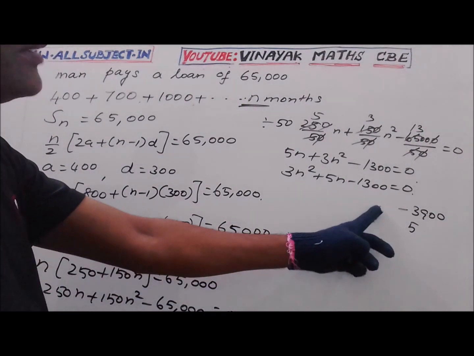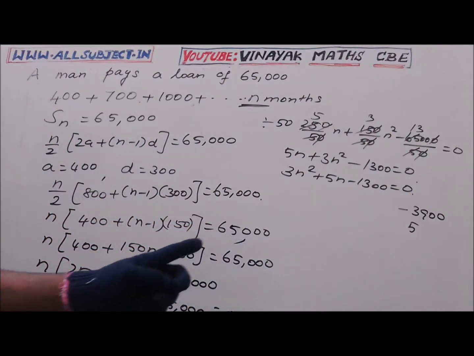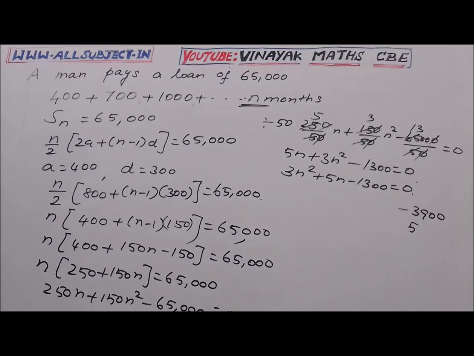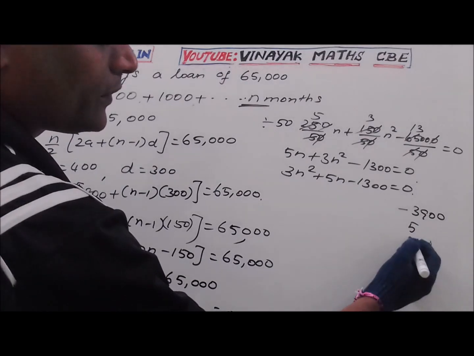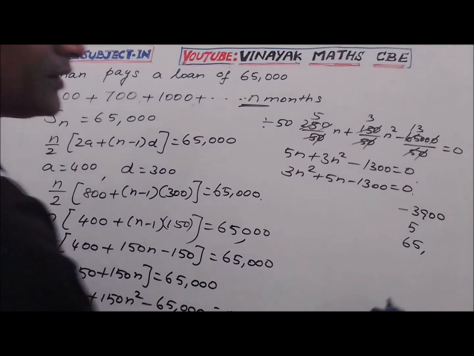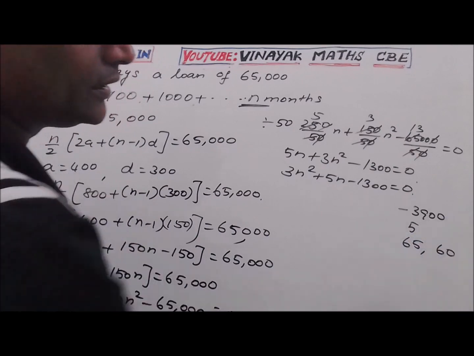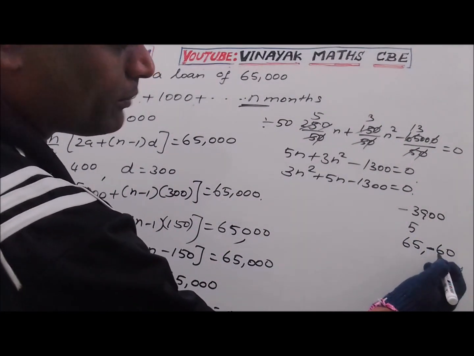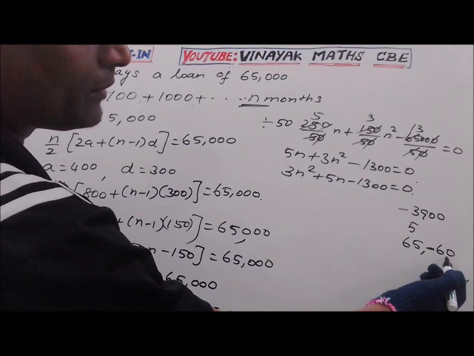When we add them, we will get 5, and when we multiply them, it will be equal to minus 3,900. The numbers are 65 and 60, 65 times 60 equal to 3,900. But when we add, we should put minus here, 65 minus 60 is 5.